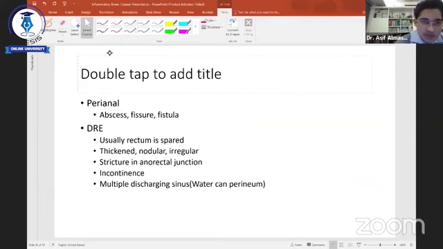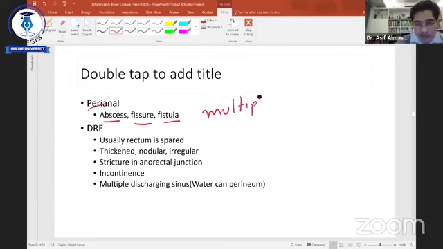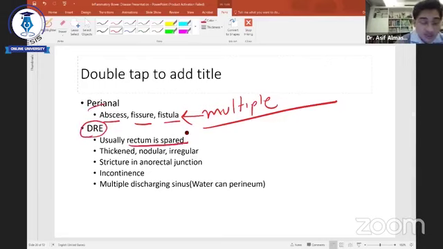Perianal region, we have just discussed that there are abscesses and multiple fistula. On digital rectal examination, remember this, the rectum is usually spared. So usually the rectum is normal, but if the rectum is involved, it will be thickened, nodular, and irregular.